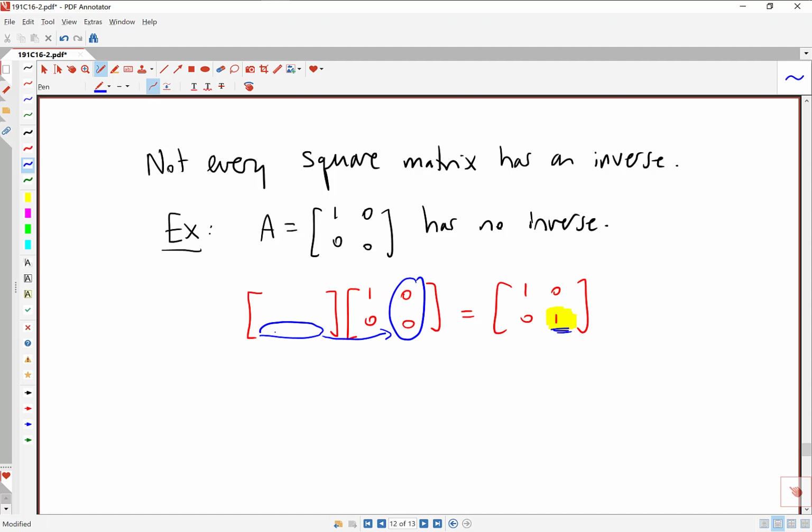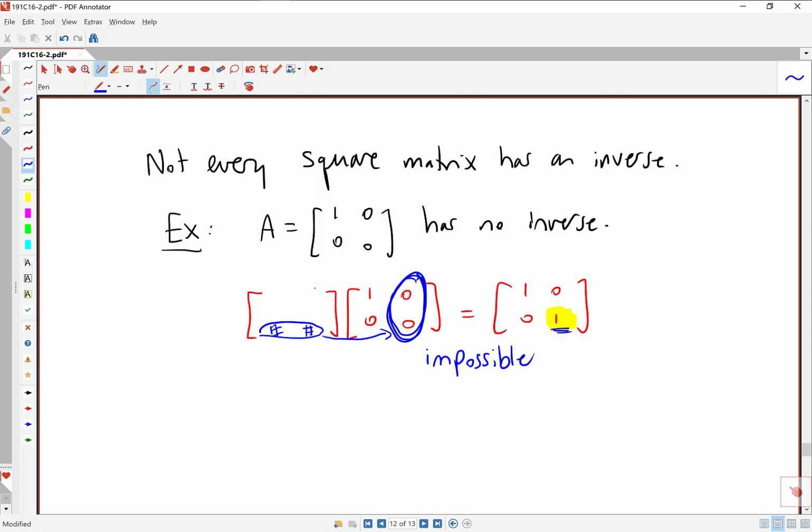So we just have to ask what numbers could we put in here so that when we do our dot product, we get 1. And there are no numbers that would work. So having this entire column of zeros is what's causing the problem. There are no numbers that we could put here to create that 1. So I'm just going to say this is impossible, and that's why this particular matrix A has no inverse.